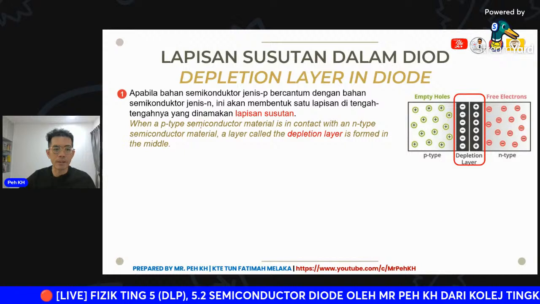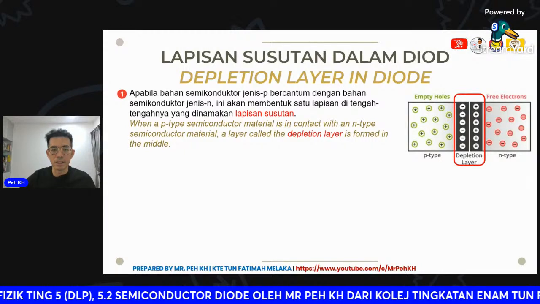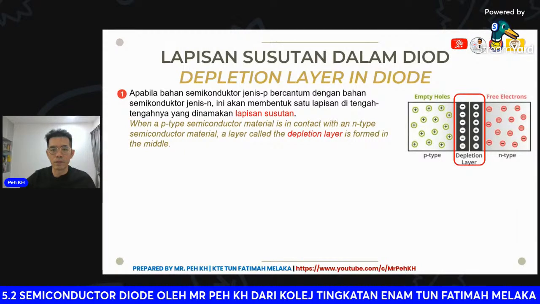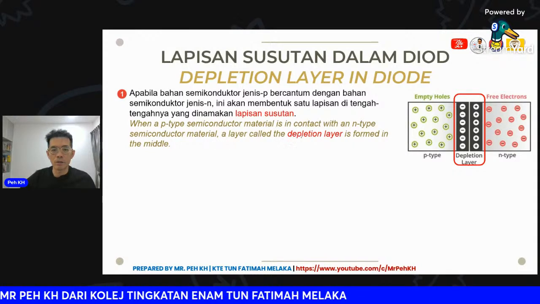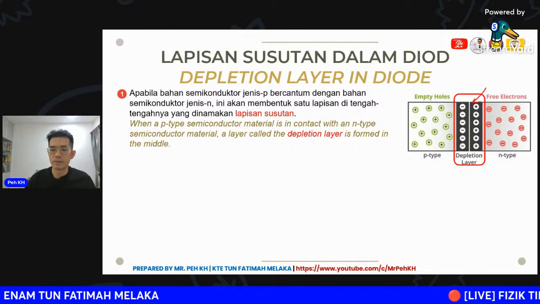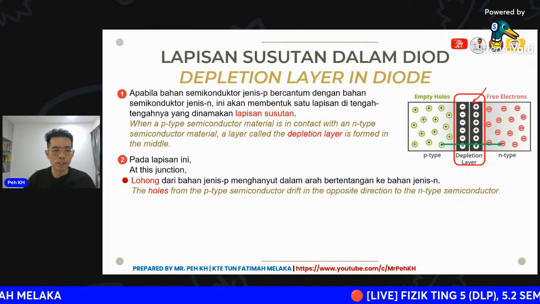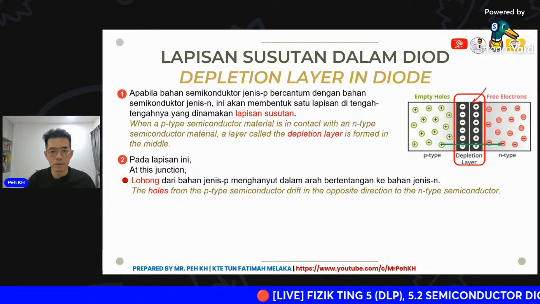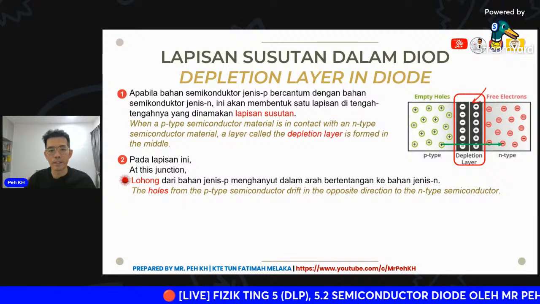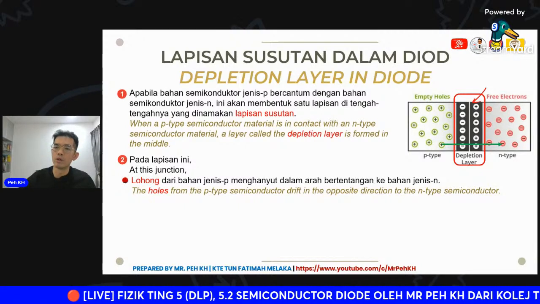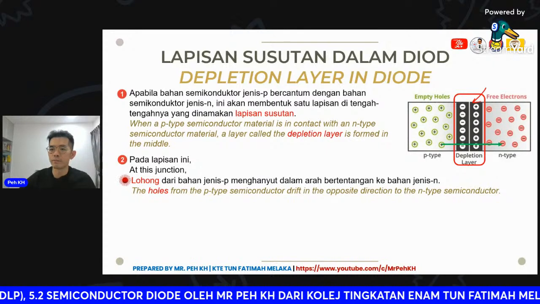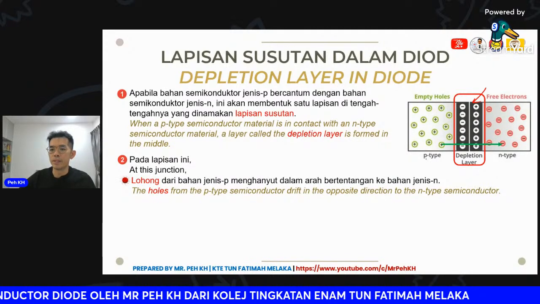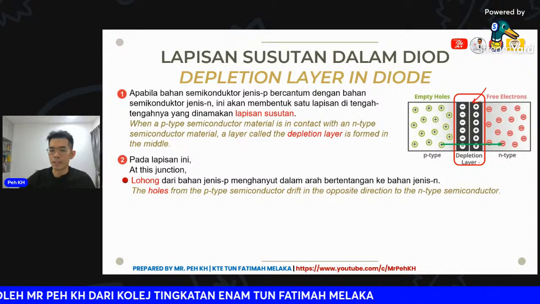When a P-type semiconductor material is in contact with an N-type semiconductor material, a layer called the depletion layer is formed in the middle. Besides depletion layer, we can also call it the junction, between the P-type and N-type semiconductor.